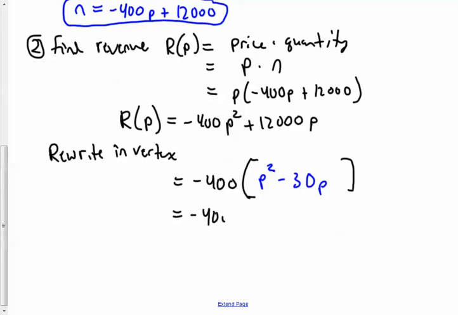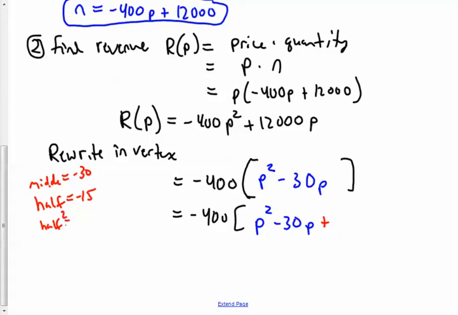And the idea is we want to complete the square on that quantity. So rewriting it, to make this into a perfect square, we want to add, well, half that middle term squared. Half of the middle term, well, the middle coefficient is negative 30, half of it is negative 15, so half of it squared, negative 15 times negative 15, should give us 225.